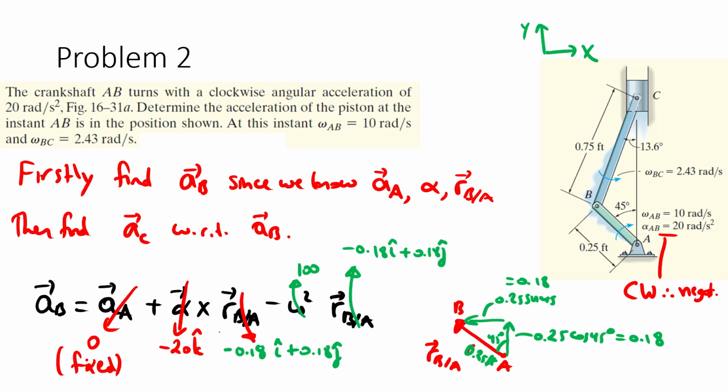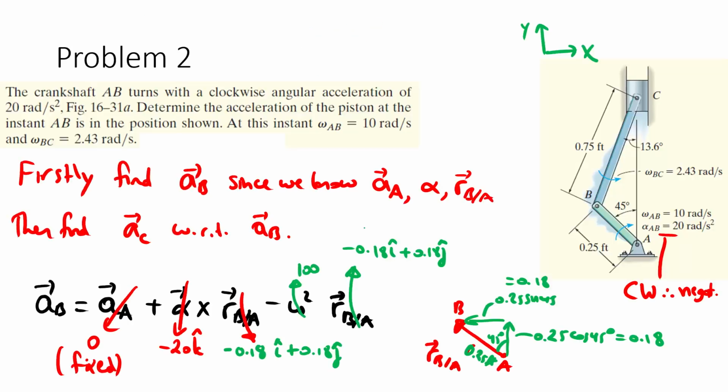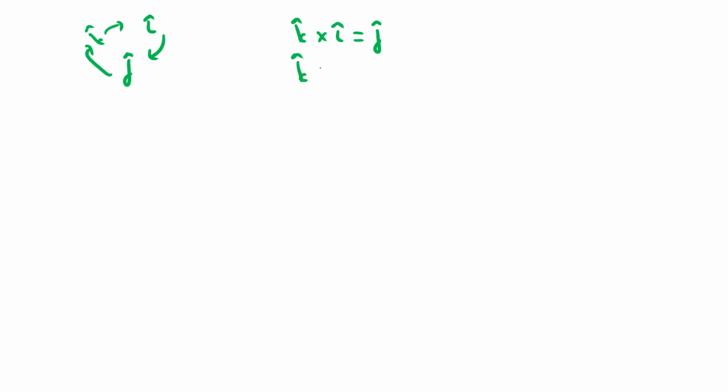Keep in mind that when we take cross products with i, j, k: k cross i gives j, but k cross j gives negative i.